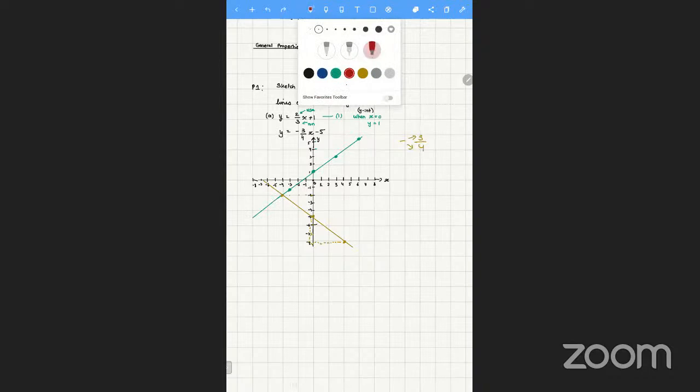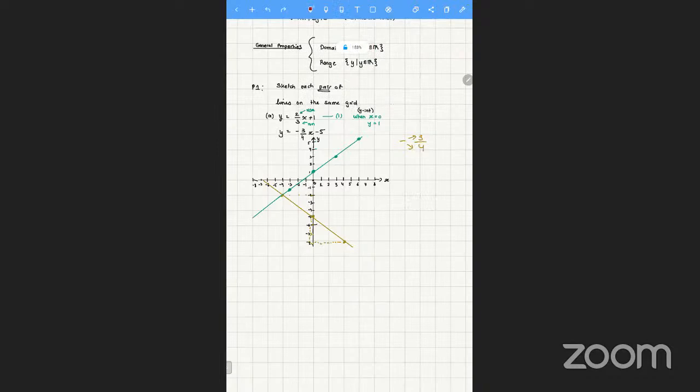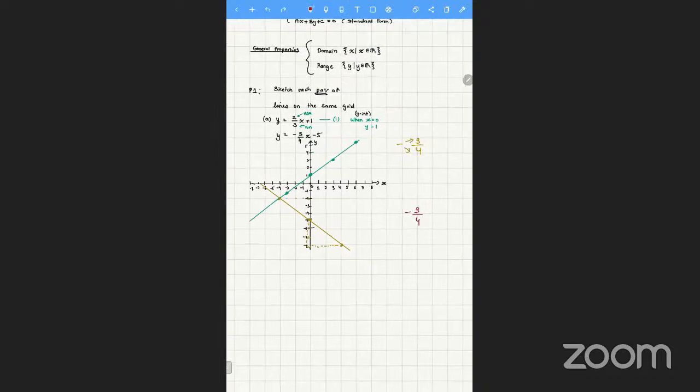No, look over here at what's happening. If the fraction for the slope is -3/4, the -3 means go down. So down 3, and right 4.